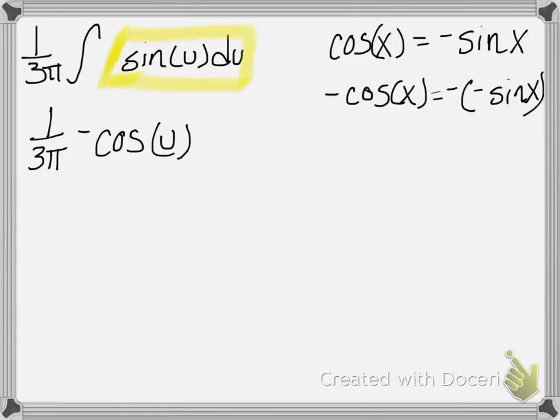So the antiderivative of sine is negative cosine. I'm glad I caught that.